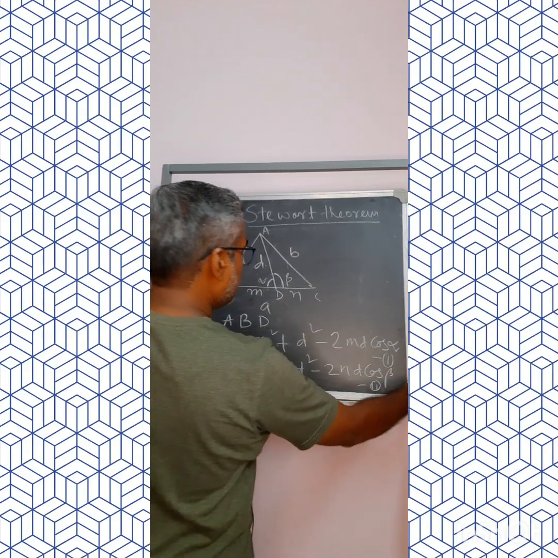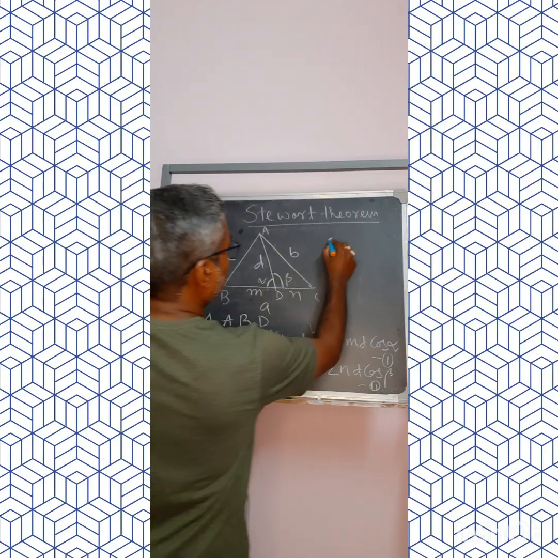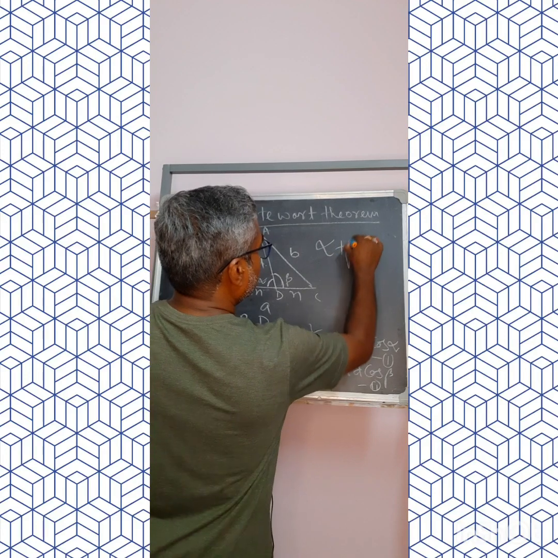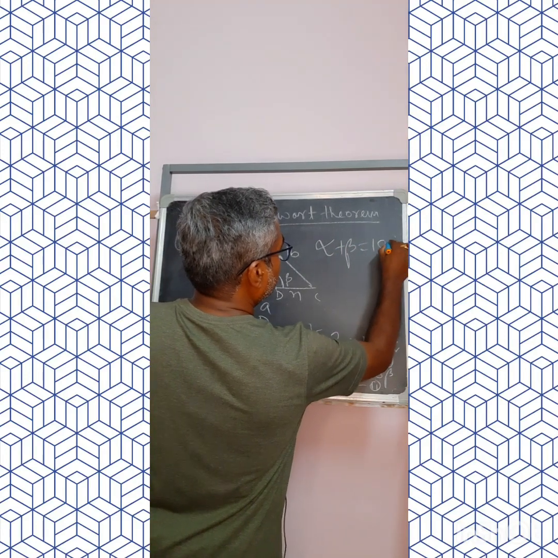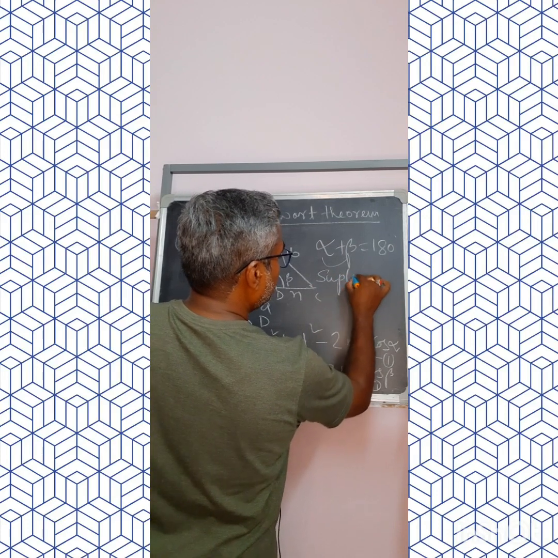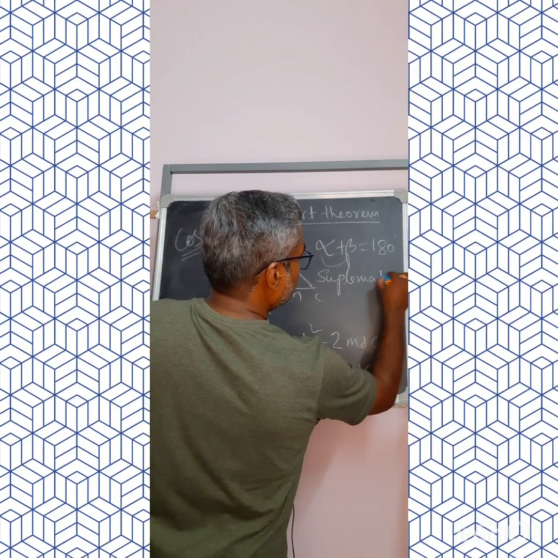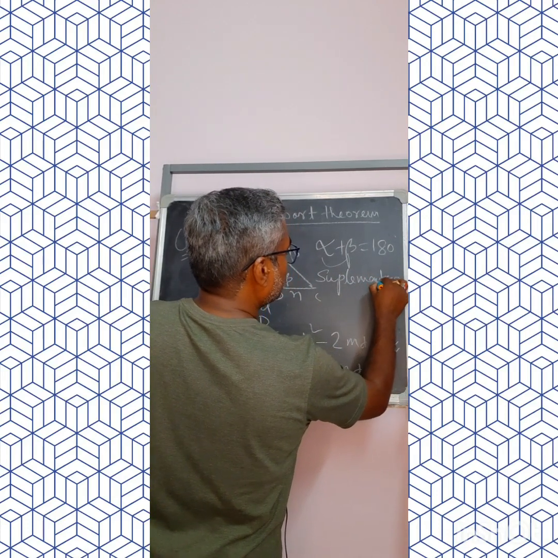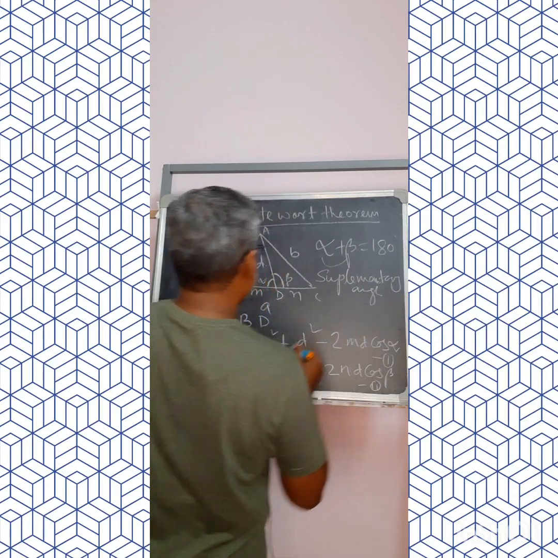Okay, now what is the relation between this alpha and beta? Alpha and beta together give 180 degrees. That means alpha and beta are supplementary angles.